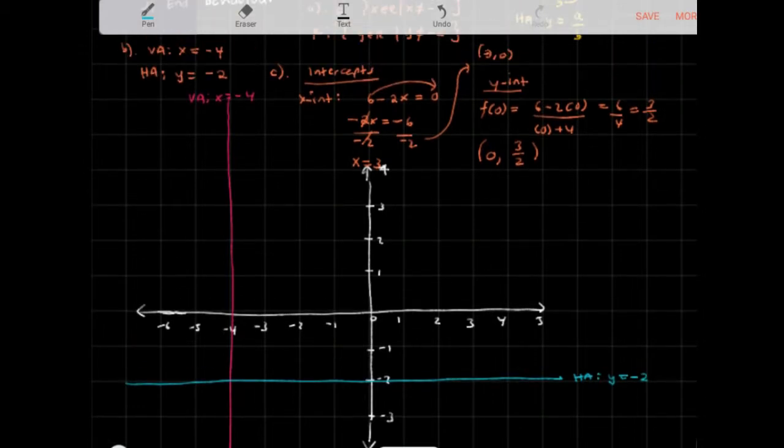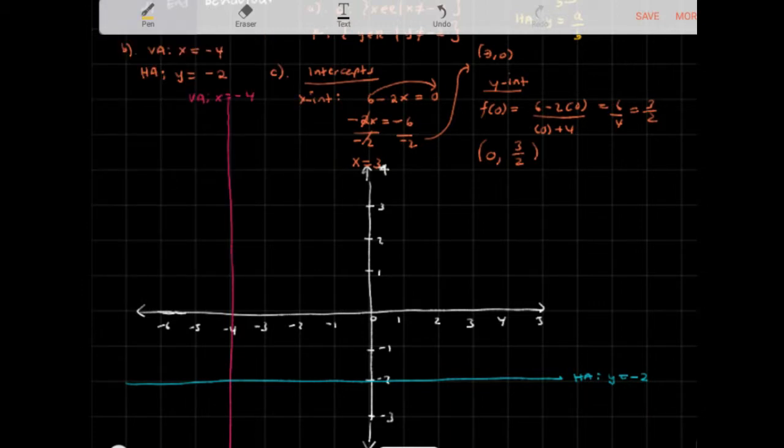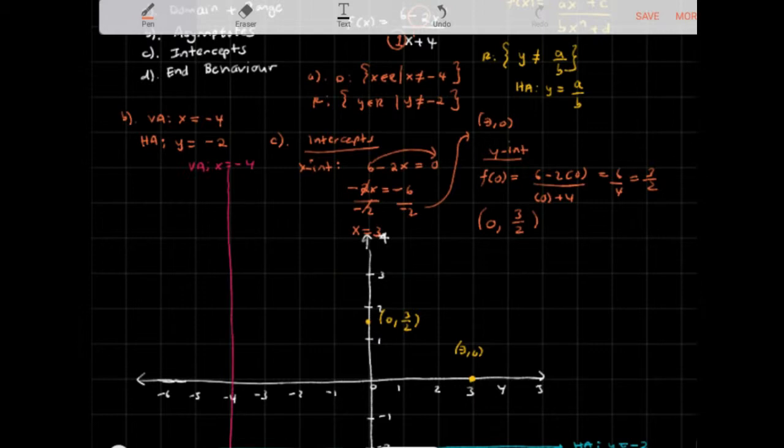In this case, you want to plot your x and y-intercepts. Our x-intercept is (3, 0). Our y-intercept is (0, 3/2), so it's about 1.5. Using our x and y-intercepts, we can create a sketch of the function. I'm just going to sketch this in orange.